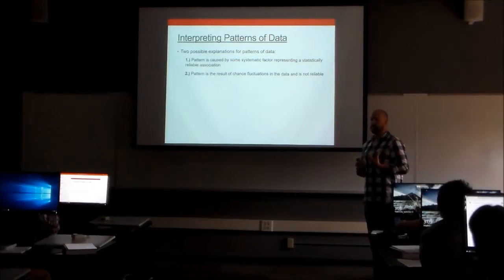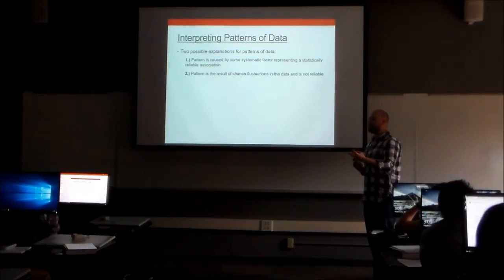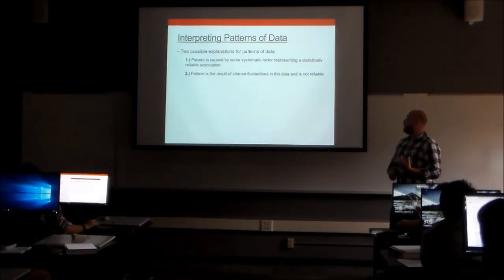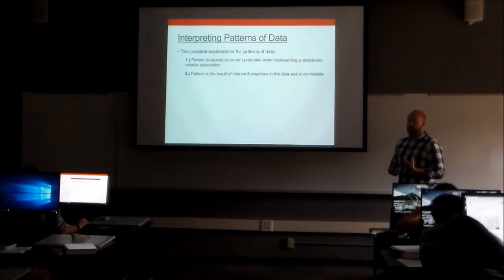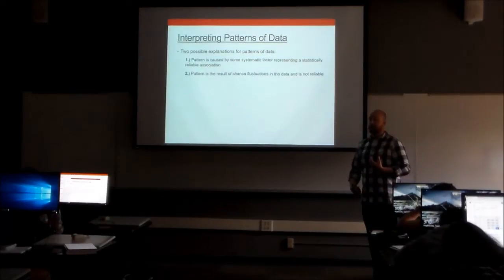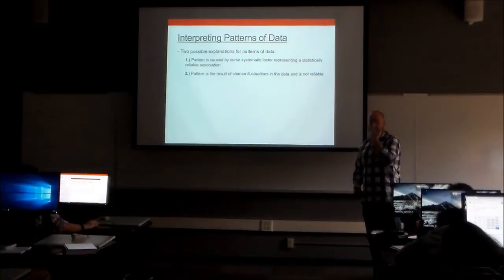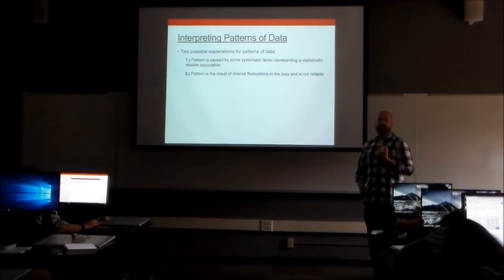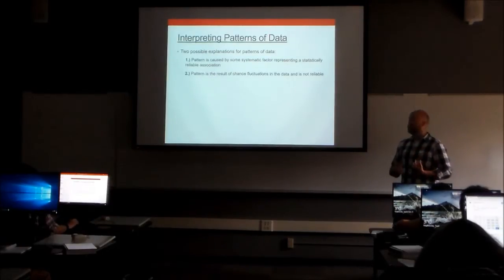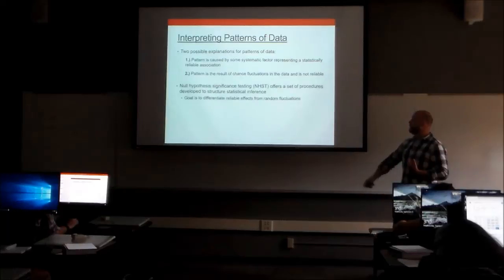There's a real effect, like the differences that I'm seeing in my data are a consequence of a real effect. Or it's chance fluctuation. It's just jumping around. I just got a really weird sample and ended up with a sample of 10 individuals with a mean SAT below 440. It's not going to happen very often, but it's going to happen on occasion. This is just random fluctuation in our data.